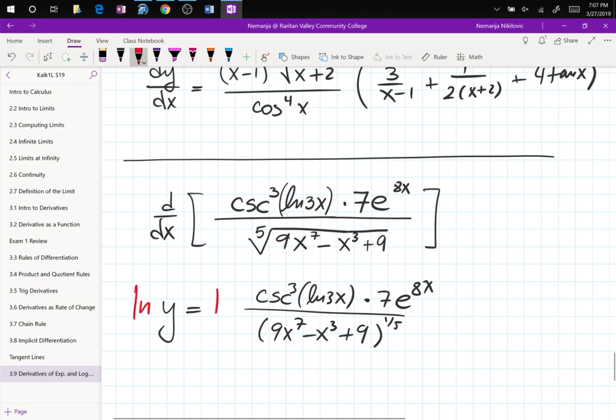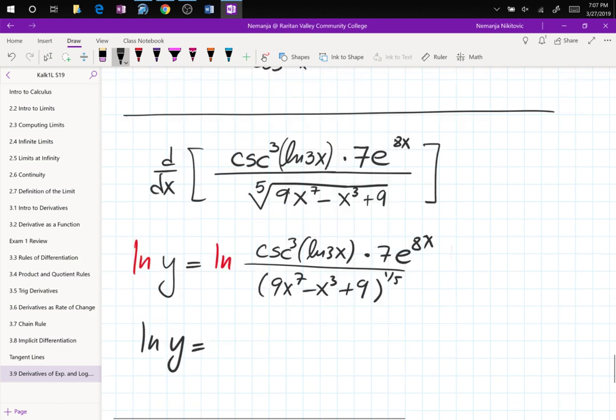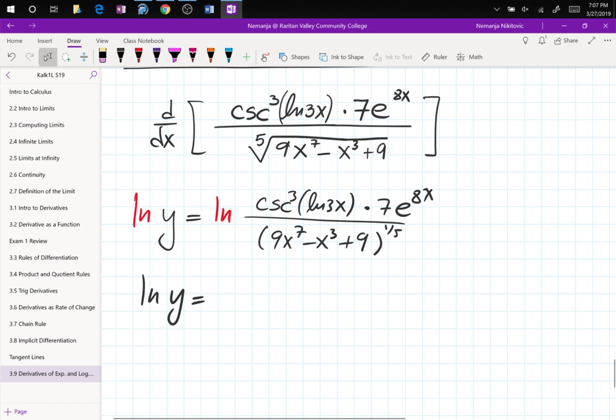Hit both sides with the ln. ln y is equal to, and here comes the expansion.